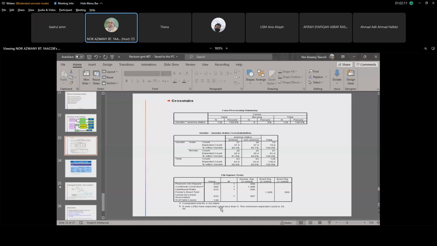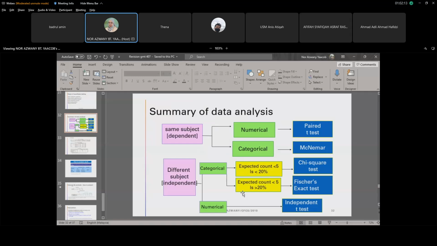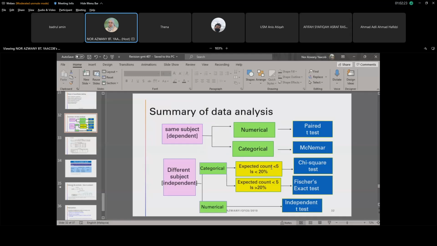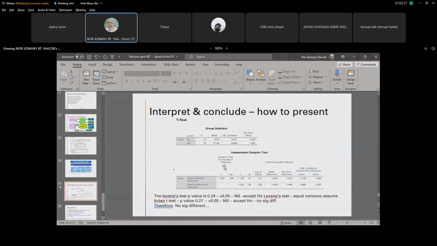So tengok kat footnote ni. So yang ni adalah based on plan ni, dulu. Tengok dekat footnote dia ni. Okay, so untuk chi-square, tengok footnote yang ni untuk you nak tengok chi-square official exact test. Untuk independent t-test, you have to look into Levene's test first. The p-value of Levene's test.